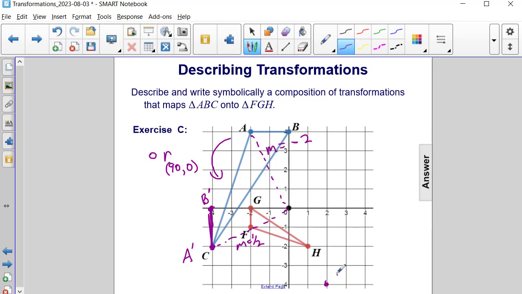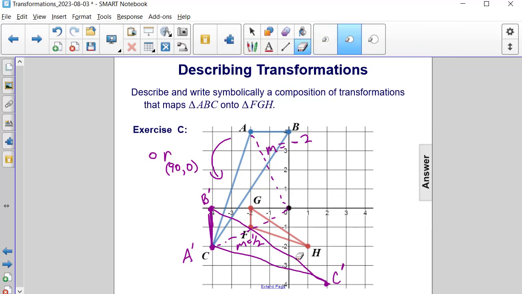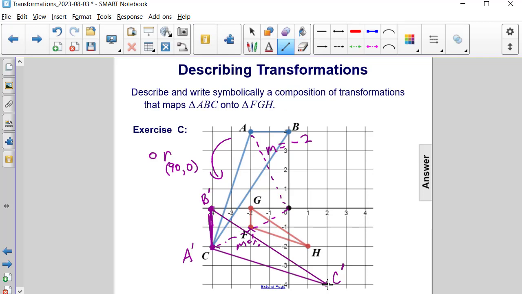So this will be where point C prime is. So after the rotation of 90 degrees, our triangle will look something like this. Actually, let me redraw those with straight lines instead to make it a little more clear. There, that's more clear. We can now see how triangle ABC maps to triangle A prime, B prime, C prime.